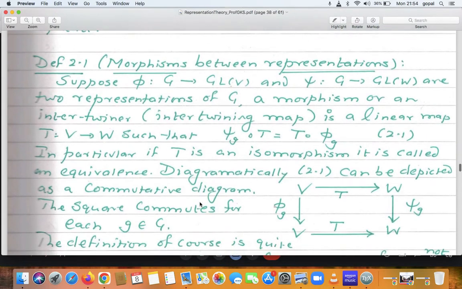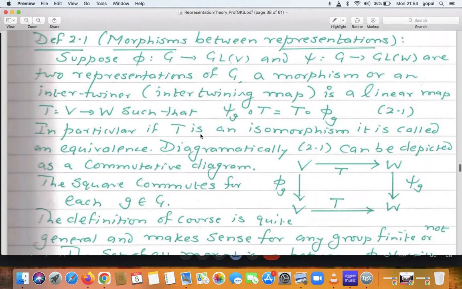Morphisms between representations. Suppose phi from G to GL(V) and psi from G to GL(W) are two representations of G. A morphism, or an intertwiner, or an intertwining map, is a linear transformation T from V to W such that this diagram commutes. In particular, if T is an isomorphism, it is called an equivalence.